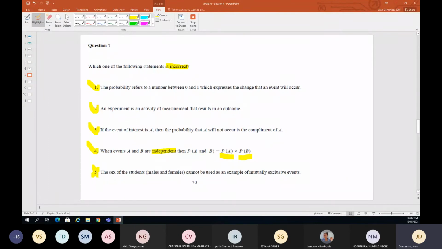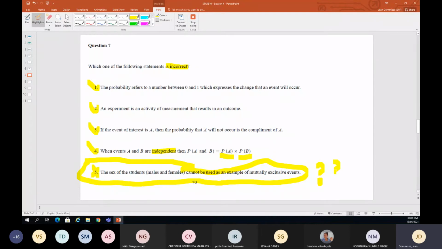So this one is incorrect, but let's look at what the question is. The sex of students, males and females, cannot be used as an example of mutually exclusive events. I don't think you will get a question like this anymore, because when this book was written 3 years ago, we were in a different period.